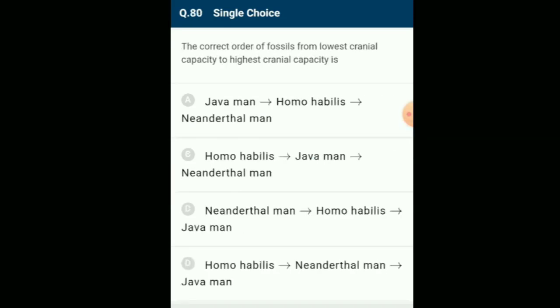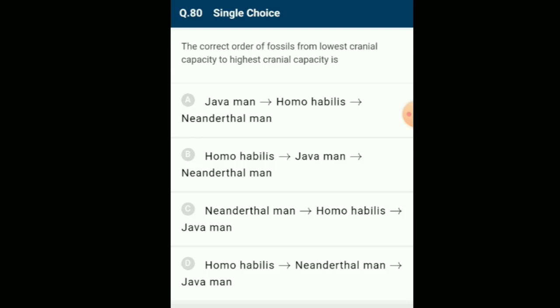Question number 80. Choose the correct order of fossils from lowest cranial capacity to highest cranial capacity. The first hominid was called Homo habilis and his cranial capacity was between 650 to 800 cc. Homo erectus, whose fossils were discovered in Java, had a large brain with a cranial capacity of around 900 cc.